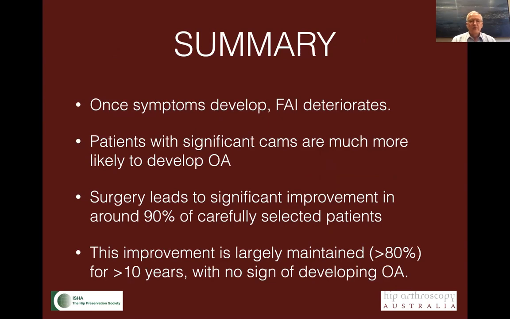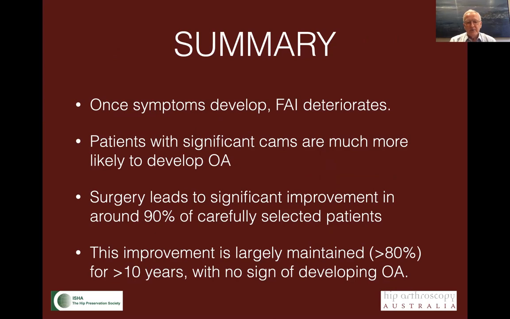So in summary, once symptoms develop, femoroacetabular impingement symptoms deteriorate. Patients with significant CAMs are much more likely to develop osteoarthritis. It's important to emphasise that not everyone with a CAM will develop arthritis, and indeed the majority will not, but a significant number will.